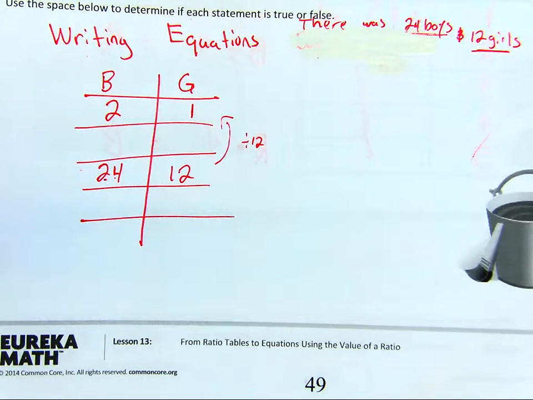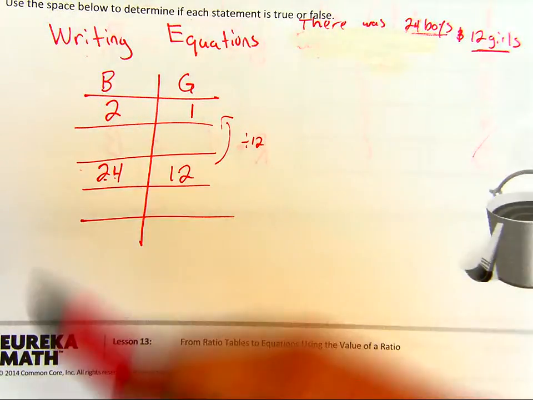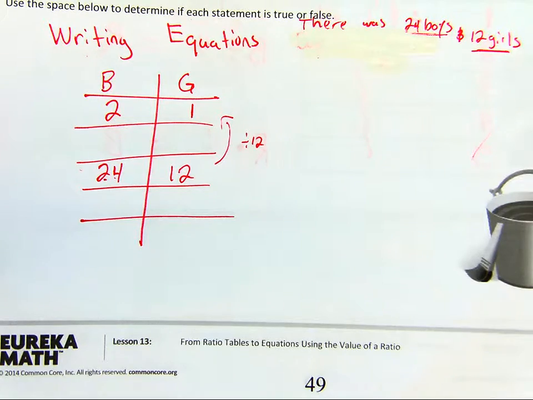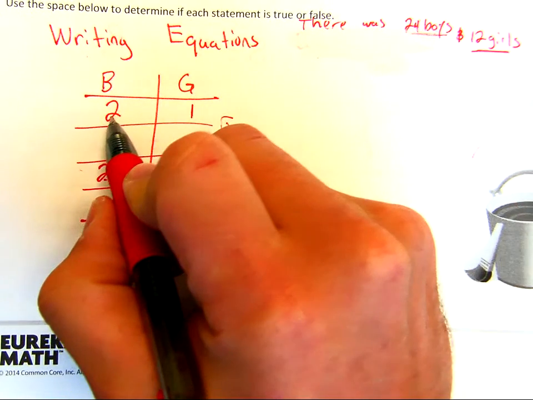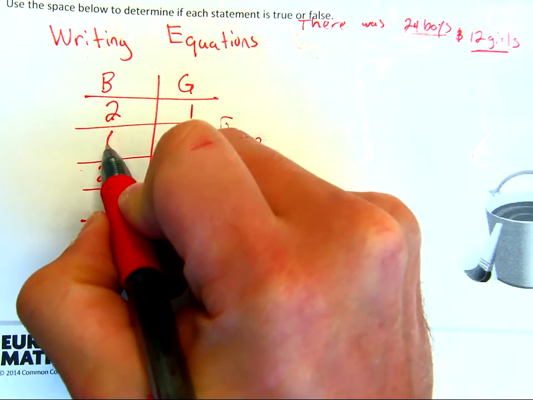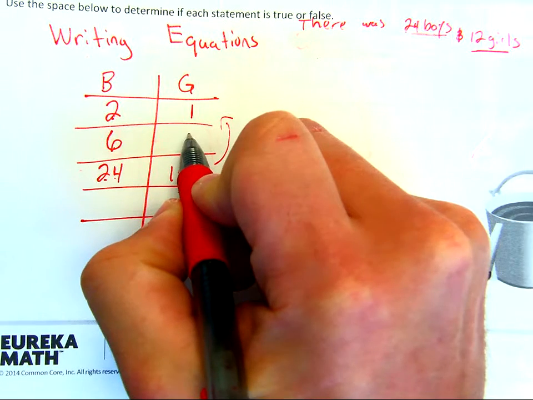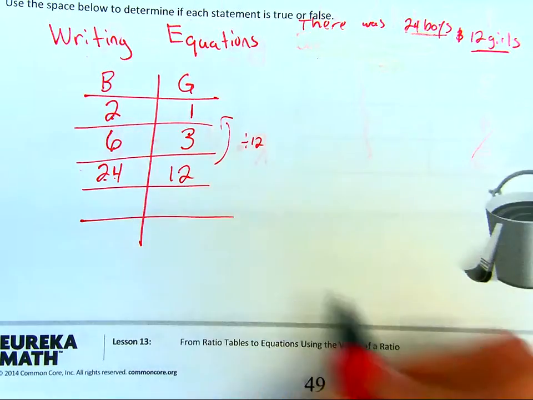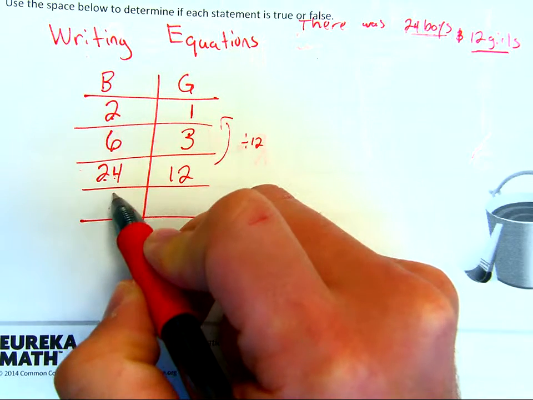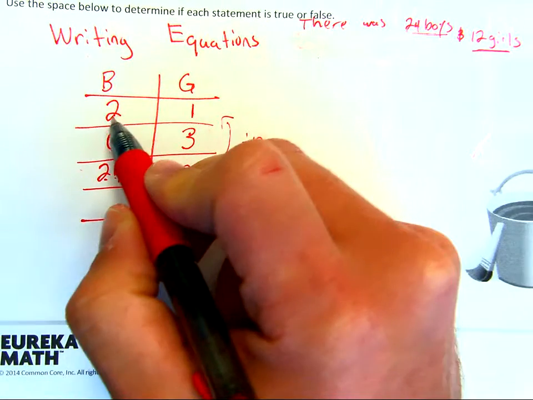And I just want to fill this out so I can get a couple equivalent ratios. Keep this whole table proportional. So if 2 times 3 is 6, if I multiply this number by 3, I have to multiply this number by 3. Let's say I did 12 here, so let's do 15.